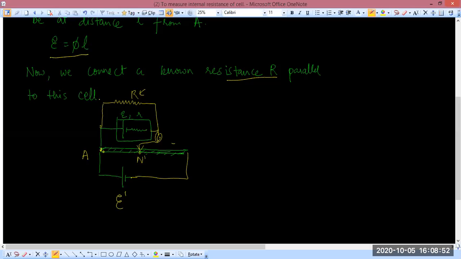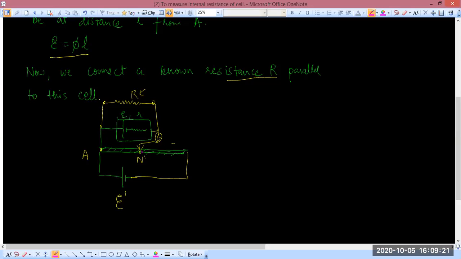So now, if you will think of this resistor R, I'm sure all of you understand that there will definitely be a current through this resistor R, right? If you cannot imagine why there would be a current, let me make the reason clear.